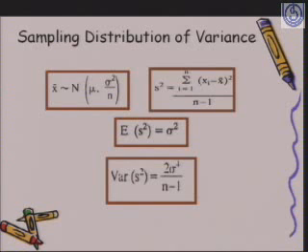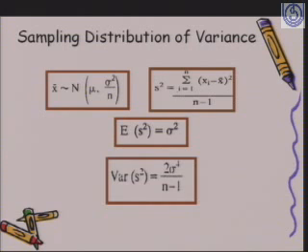Now let us have some definitions, and we define the sampling distribution of variance. So till now we have defined that x bar, that means the sample mean, has a normal distribution with mean mu and variance sigma square by n. Now I want to find the sampling distribution of the sample variance, and sample variance I am denoting by s square, which is 1 upon n minus 1 summation xi minus x bar whole square.